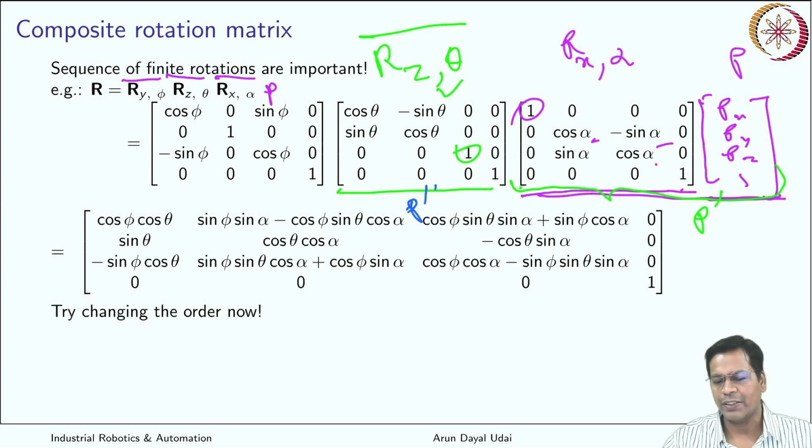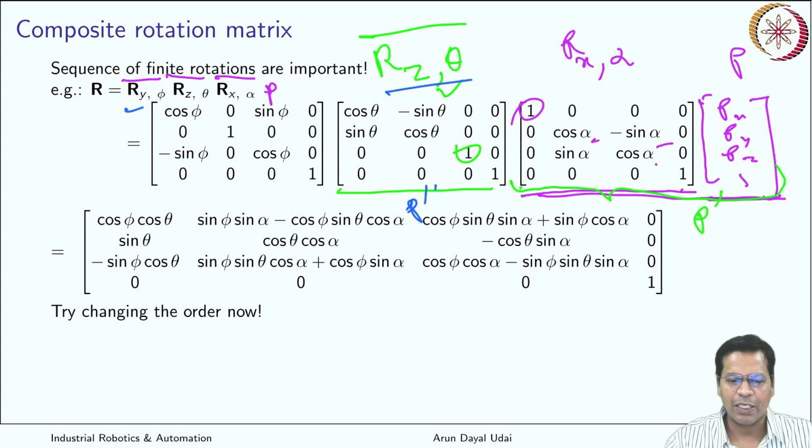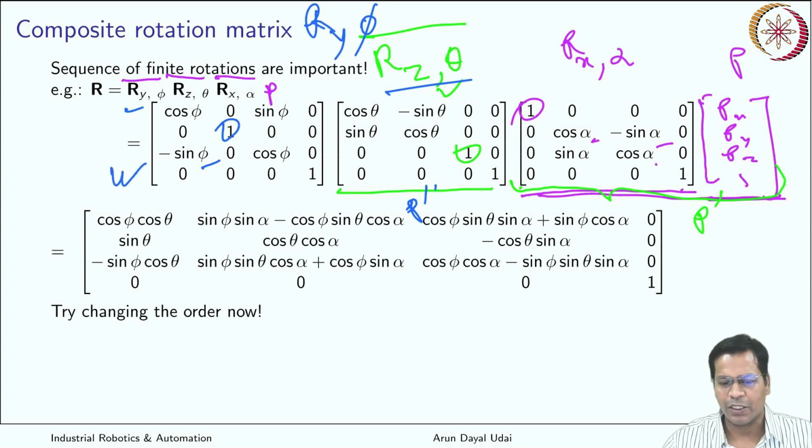And now finally the third transformation, that is rotation about the y-axis by an angle phi. You apply that rotation matrix to the resultant point P double dash, so you reach a new point, that is P triple dash, your new location. So this is how you have to apply.